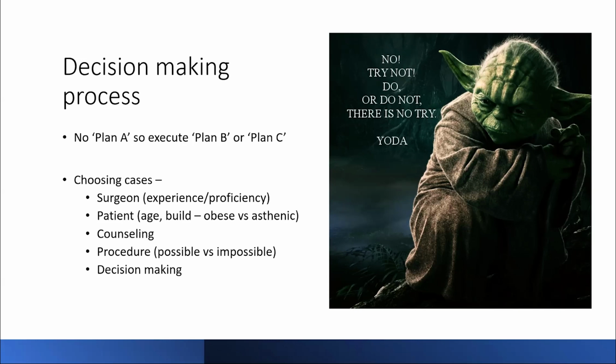Counseling is also very important because you are operating under conditions where you have less than ideal precision, and so in some cases there is an increased chance that things might go wrong. So it's important that you get buy-in from the patient.